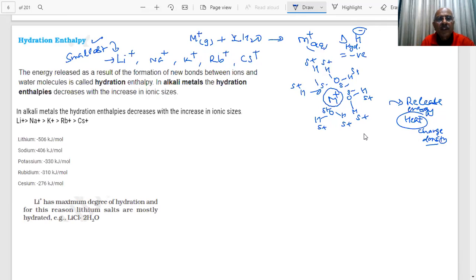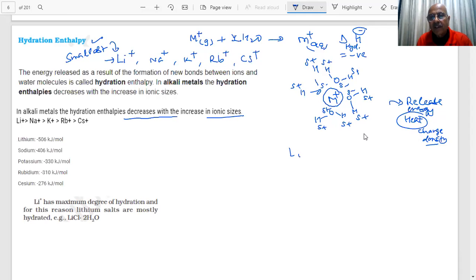Therefore, sir, the hydration enthalpy decreases with increase in ionic size, students. This is the order of the hydration enthalpies. That means, students, lithium in gaseous state is smallest in size. But in aqueous water, lithium becomes the largest in size, students. And if I measure the conductivity, it will become less because the hydrated lithium ion is largest in size.